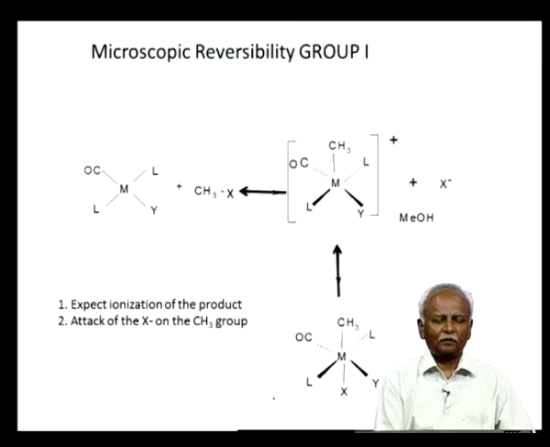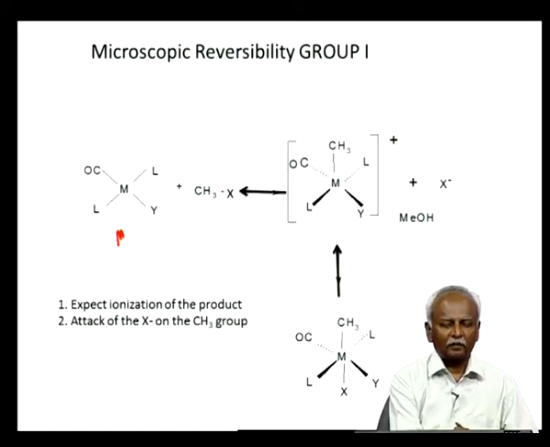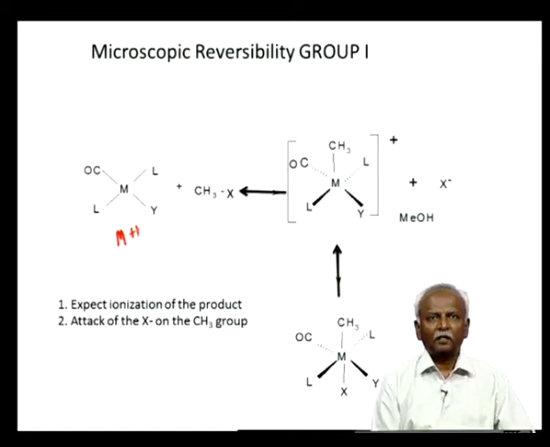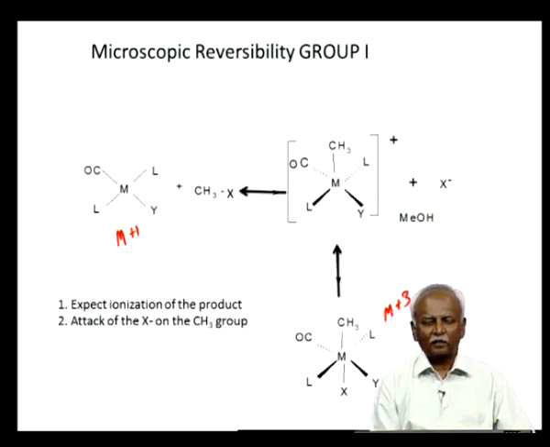So, we started with a metal in plus 1 oxidation state, and we ended up in a metal in plus 3 oxidation state, and the product, if it has to lose 2 groups, can do so in a variety of ways. It can do so in a synchronous, concerted fashion, but what happened in the oxidative addition was a stepwise reaction. It was an SN2 reaction between CH3 and X.